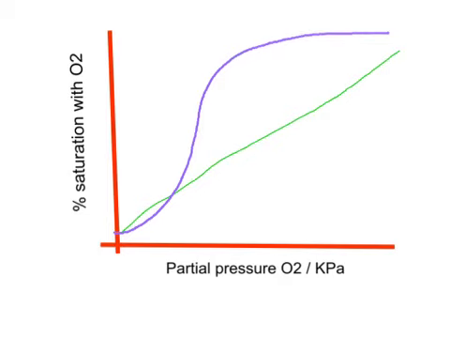And there's a reason why there's a different pattern in hemoglobin. The first reason is that if there's not much oxygen available, so if there's a low partial pressure of oxygen or a low oxygen tension, that means there's only a few molecules of oxygen. And hemoglobin is a very big molecule. It's got 4 domains, and the heme groups are buried deeply in the centre of the hemoglobin molecule.